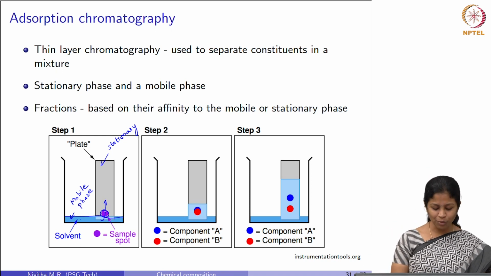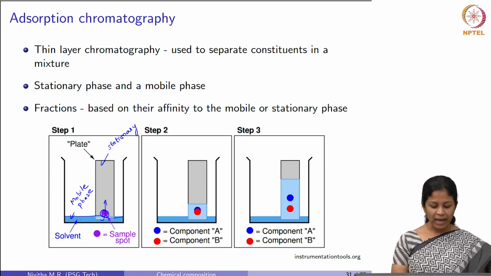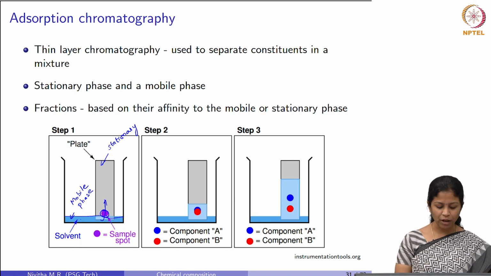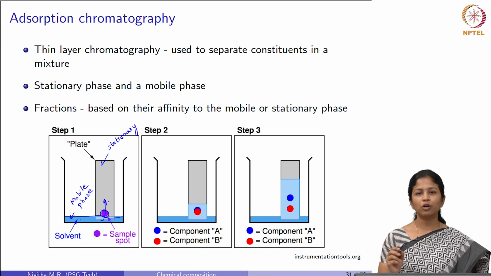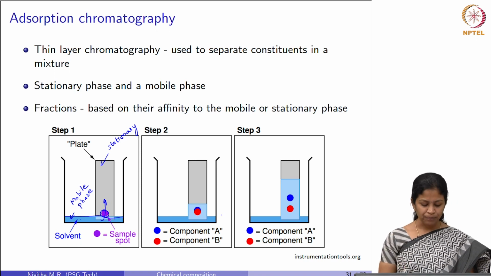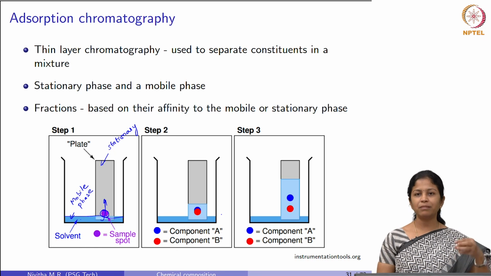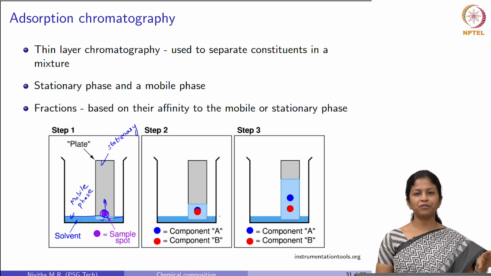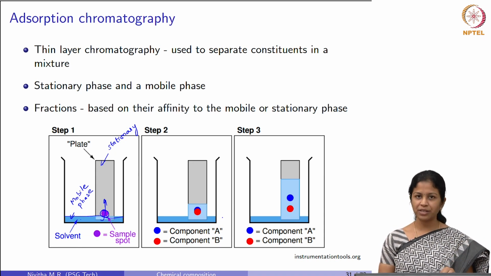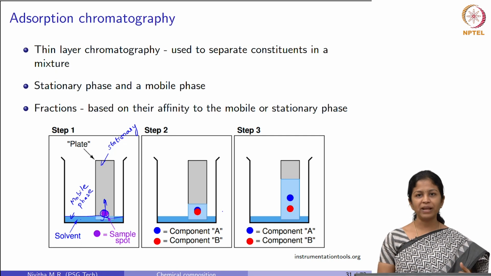So, when this tries to move up this chromatographic column, it dissolves this sample and it tries to carry this sample along as it moves up the chromatographic column. Now, how is the mixture separated in this case? We said that the different components of this mixture can have different affinities towards the stationary phase and towards the mobile phase.